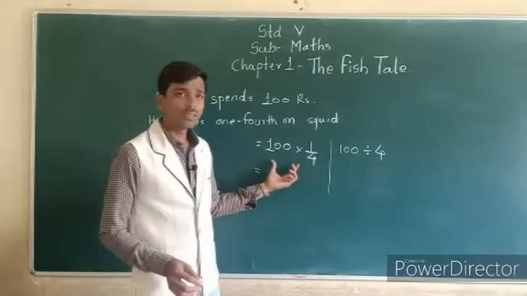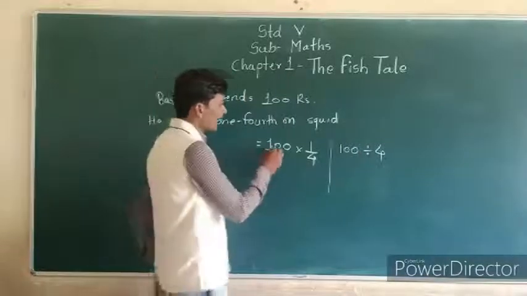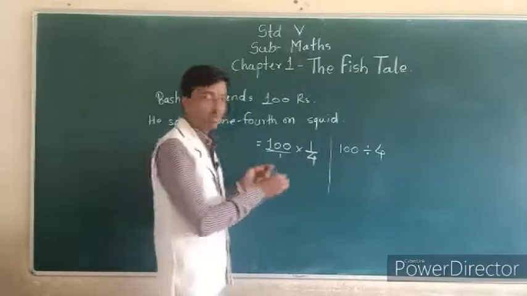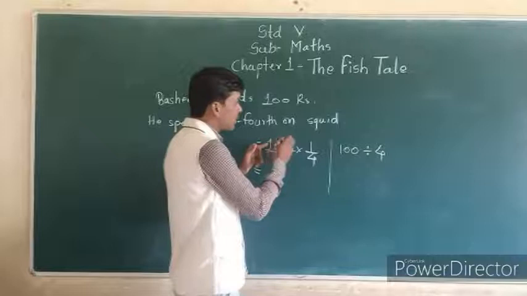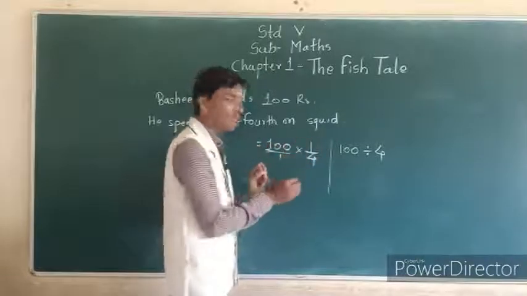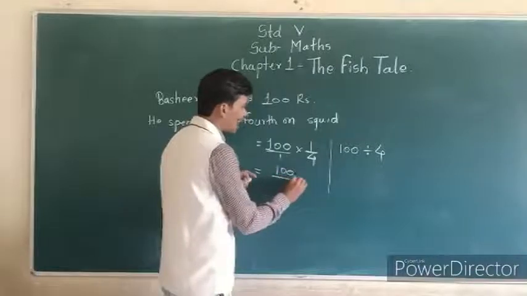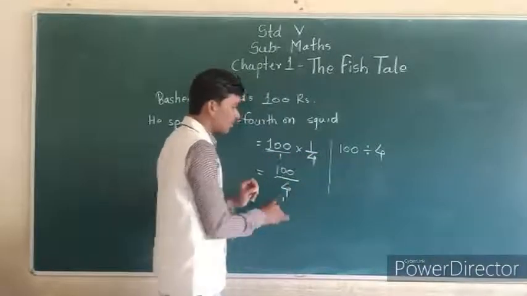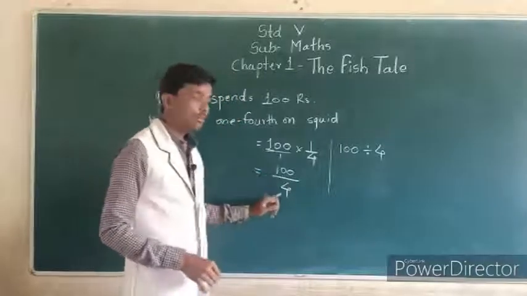See how to solve this example. Here the denominator of 100 is 1, you know. So you can multiply numerators and denominators. 100 multiplied by 1 means 100, and 1 multiplied by 4 means 4, so 100 divided by 4.